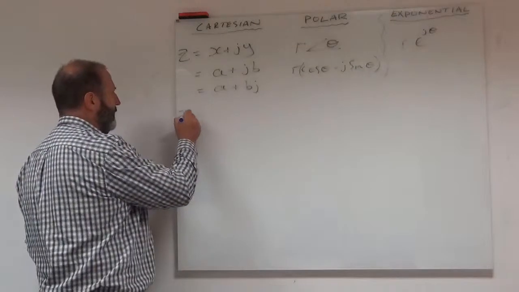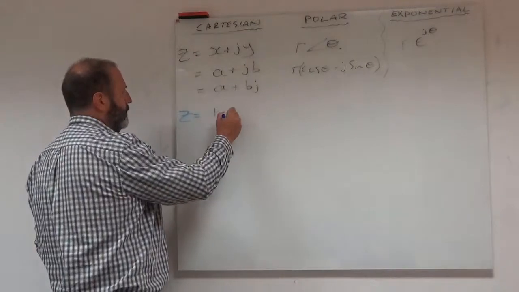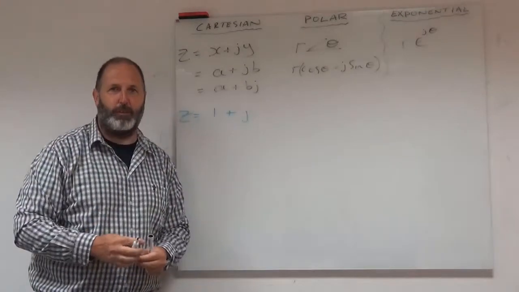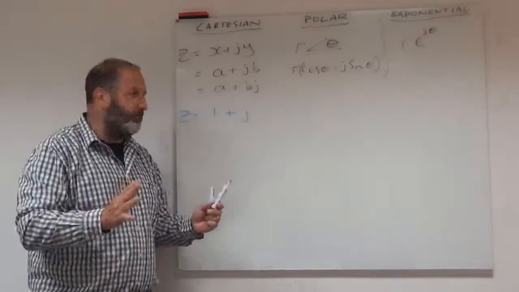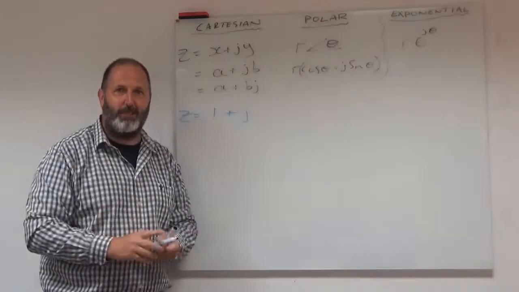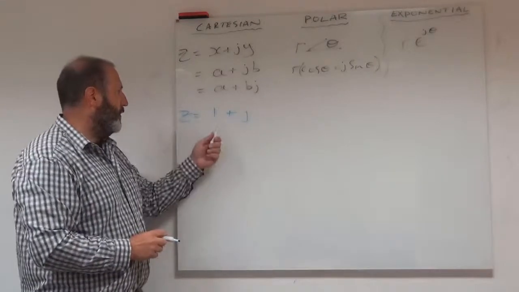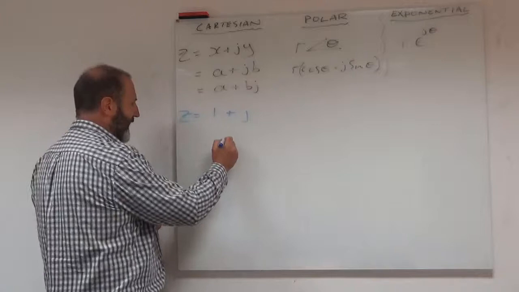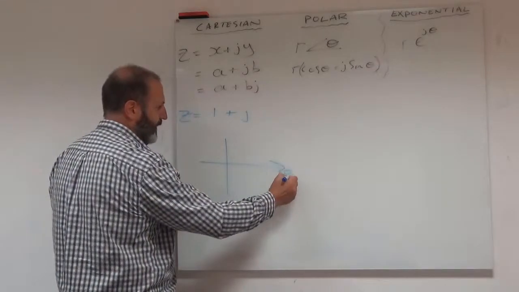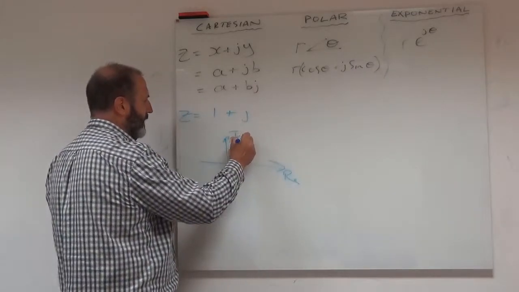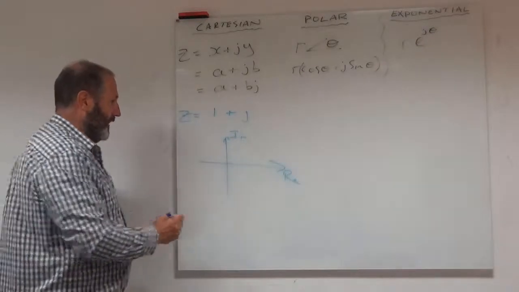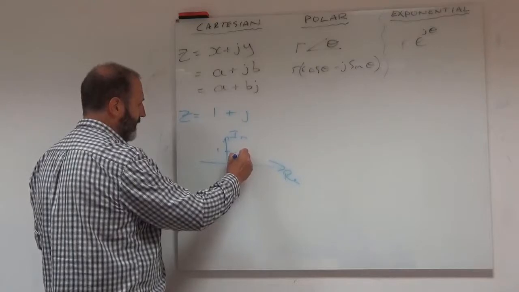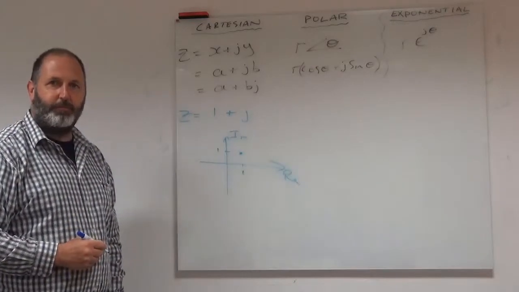Let's have z equal to 1 plus j. So I'm picking a nice example, hopefully drop out quite quickly, but you can put different figures in there and see if you can get a sense of that. So if z equals 1 plus j, if I was to do a very quick sketch, there's my real axis and there's my imaginary, then I go 1 across the real and 1 on the imaginary, so there's my value there.